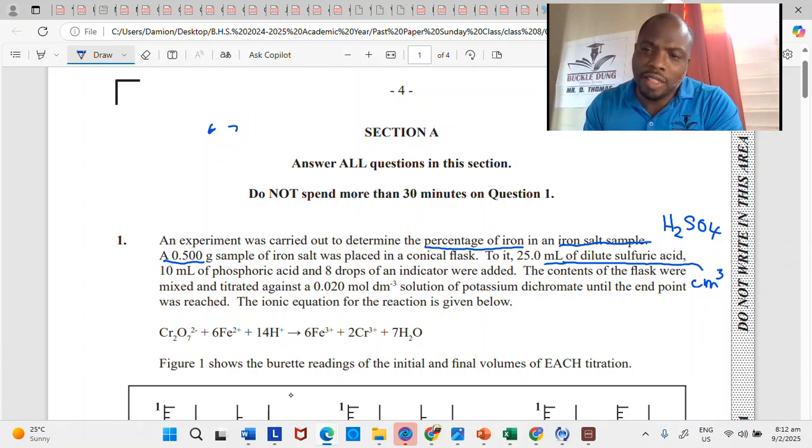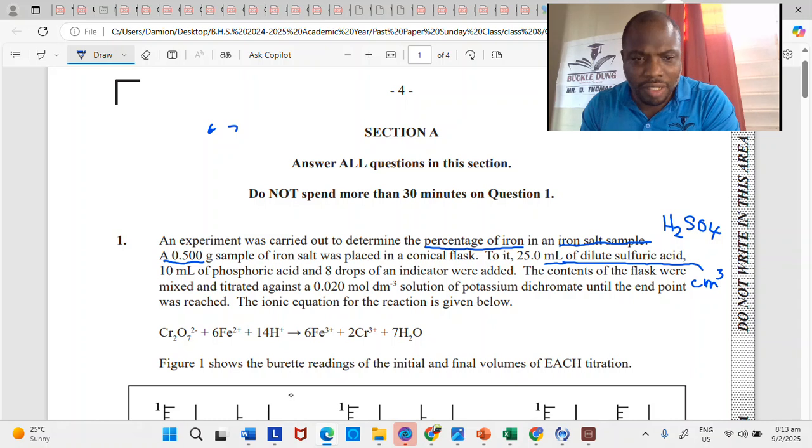So is sulfuric acid dibasic, tribasic, or monobasic? Dibasic. Why is that dibasic? Because it has two hydrogen ions to lose. Wonderful.